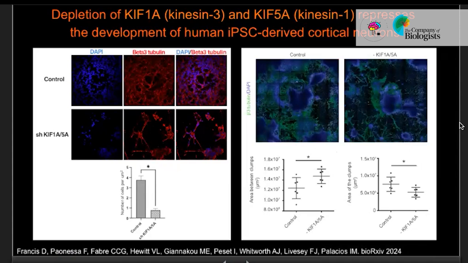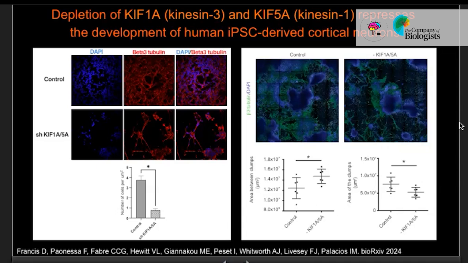So we did reduce the levels of KIF1A and KIF5A in these human iPS-derived cortical rosettes. And we could see that, yes, there is a lower number of cells, that's the one on the left. And yes, there is less rosette formation, what they call clamps. There is a reduced number of clamps, a reduced size of the clamps, and an increased amount of free space between clamps, so less connection.